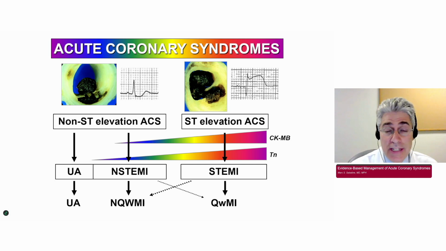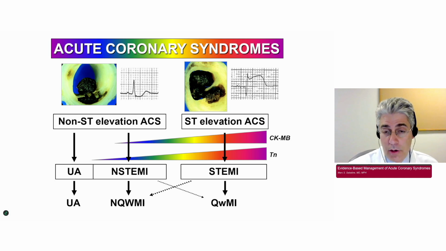They may or may not have T-wave inversions, which I don't show on this slide. They may have those changes right when they have the plaque rupture, and perhaps some superimposed vasoconstriction, but by the time they're evaluated in your office or the emergency room, the ECG changes may have resolved. And so if you don't see ST segment elevation, but the story is consistent with an acute coronary syndrome, that puts you in the realm of the non-ST elevation acute coronary syndromes.